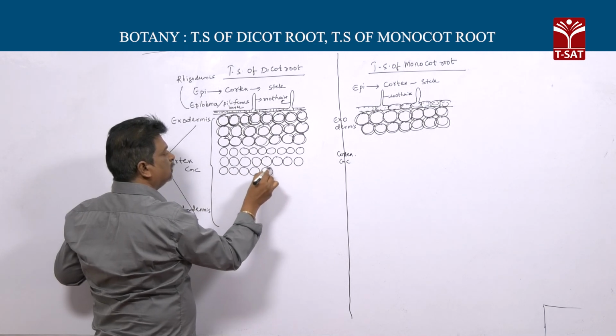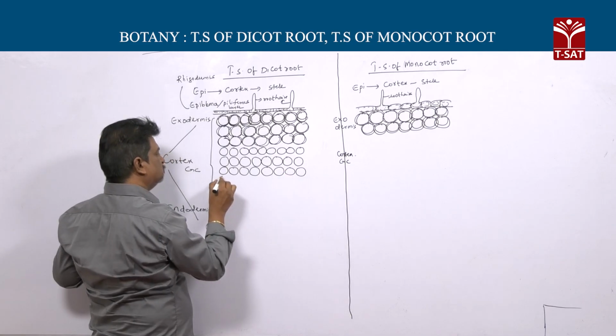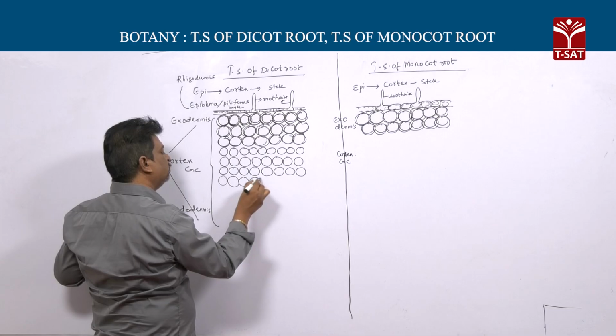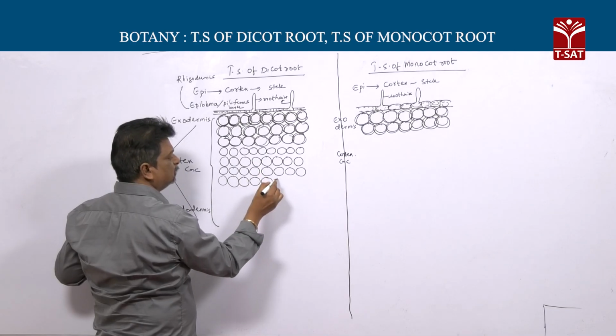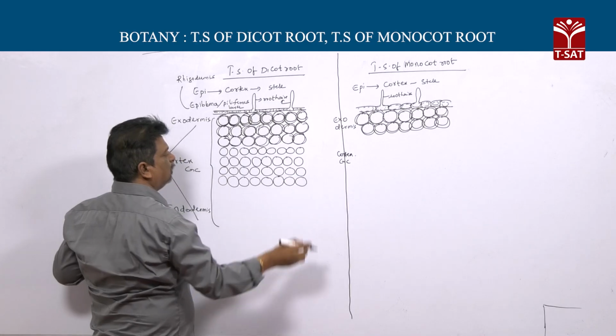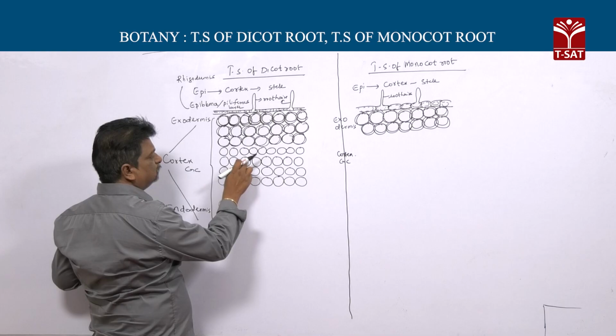General cortex means they are parenchymatous. So parenchyma means cells oval or spherical or round, loosely arranged.